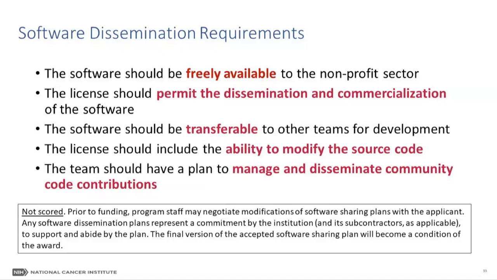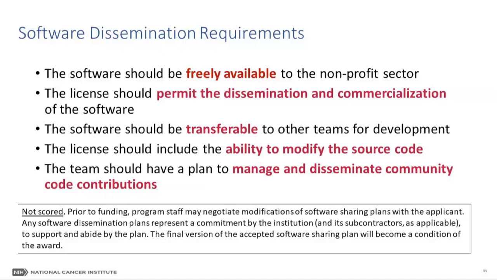The license should include the availability of others to modify the source code, and teams should have a plan to manage and disseminate community code contributions to their source code. I do want to mention that the software dissemination plan is not a scored criteria, but is reviewed and commented on by reviewers.